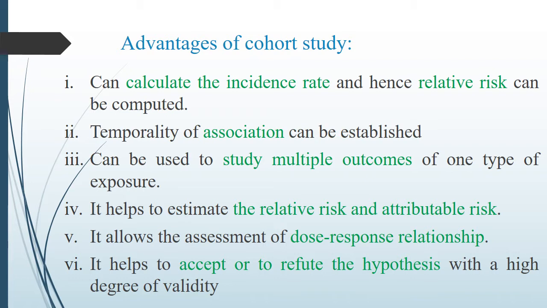Then it allows the assessment of dose response relationship. What does dose response mean? If we are giving some drug, what is the result, so that is the dose and response relationship we can find out. If one person is exposed to some kind of risk factor, what will be the effect, that we can assess.